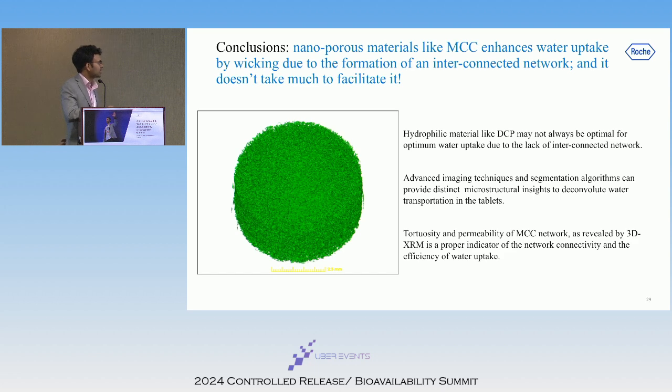Advanced imaging techniques and segmentation analysis help us gain microstructural insights of the tablets, which can help us deconvolute the water uptake behaviors of different matrices. And finally, using computational tools, we are able to quantify water uptake through parameters that drive it, like tortuosity and permeability.